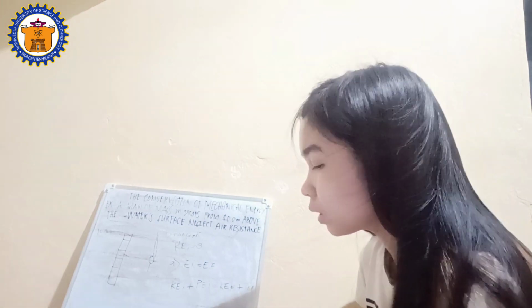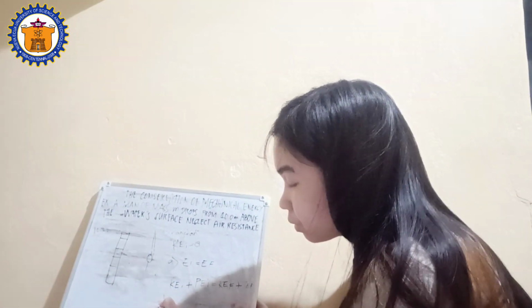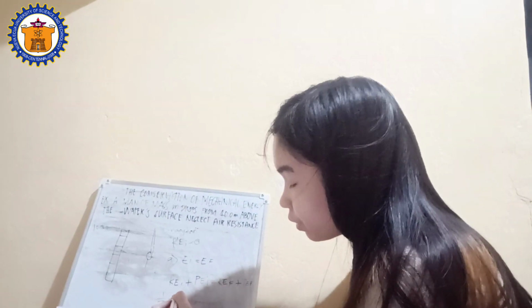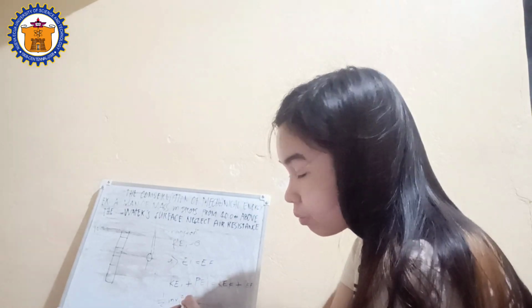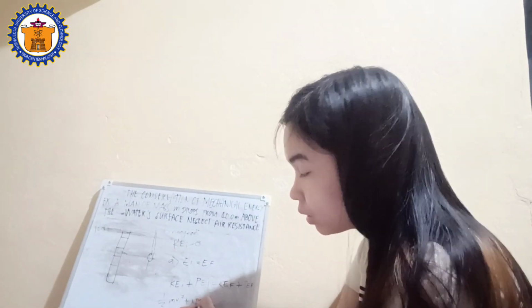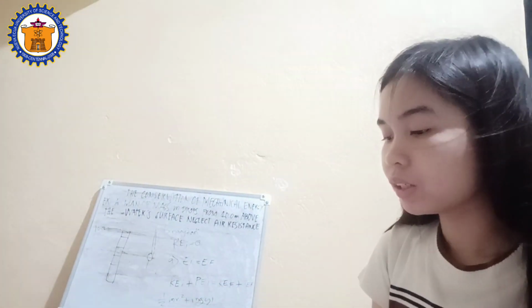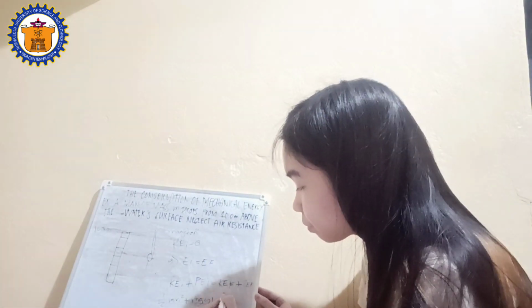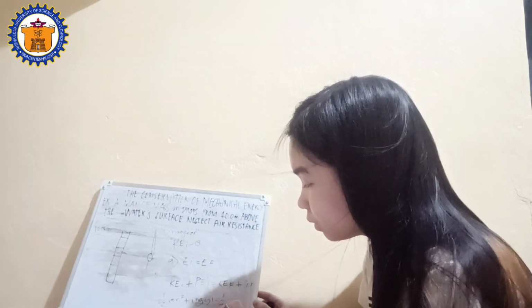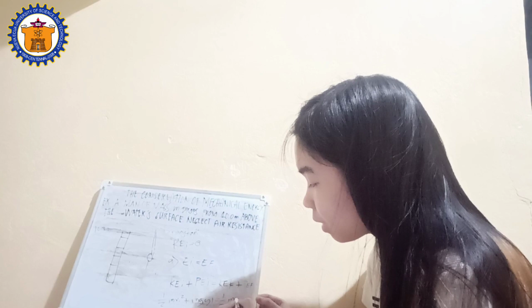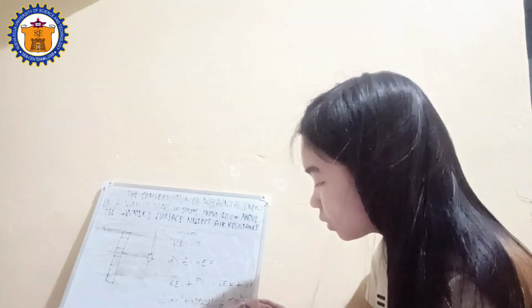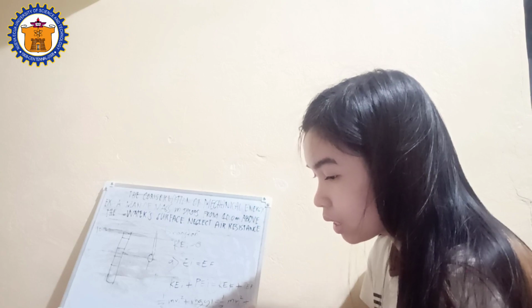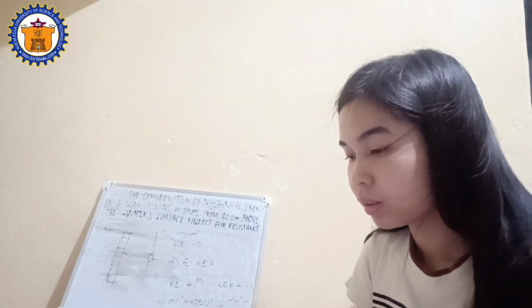So, by substituting, 1/2 times mass times initial velocity squared plus mass times the gravity times the initial position is equals to 1/2 times the mass times the final velocity squared plus mass times the final position.